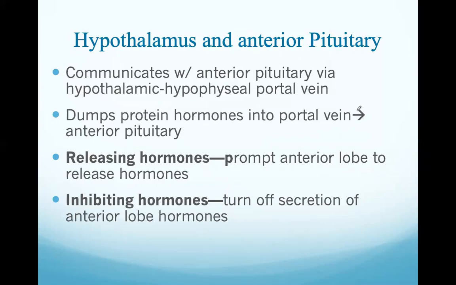The anterior pituitary gland produces its own hormones and stores its own hormones. However, if it wants to release any of these 6 hormones that we'll discuss, it needs to receive a signal from your hypothalamus.